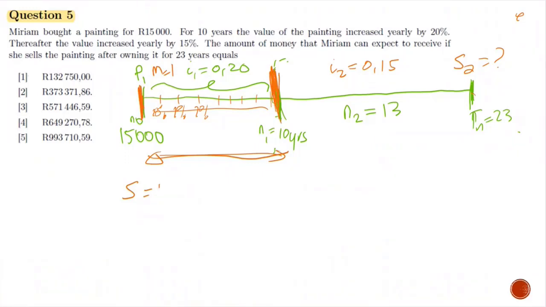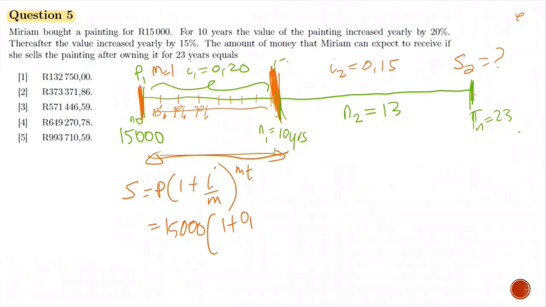So your S is going to be equal to P into 1 plus I over M, to the power MT. Now your P is 15,000 into 1 plus your I, which is 0.20, over your M, which is 1 since it compounds yearly, and then M multiplied by your T, where T is equal to 10.